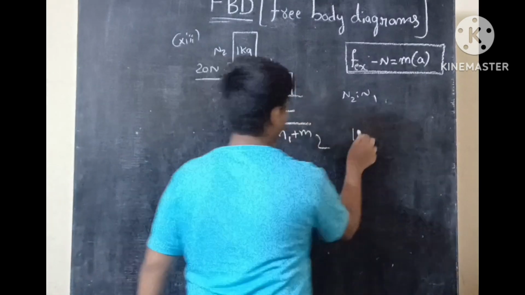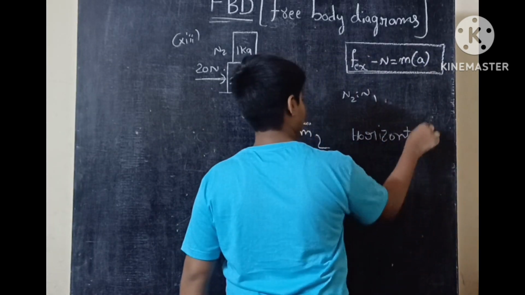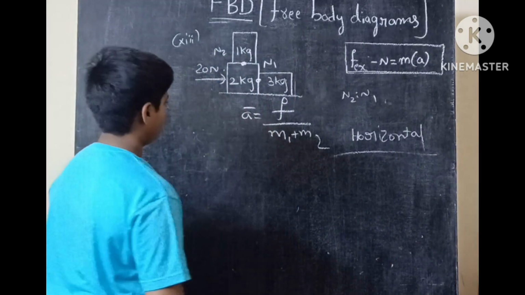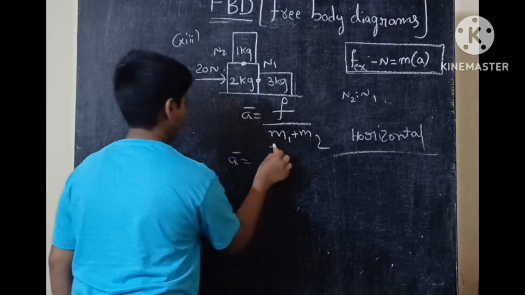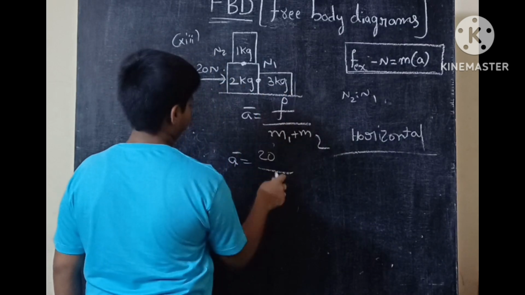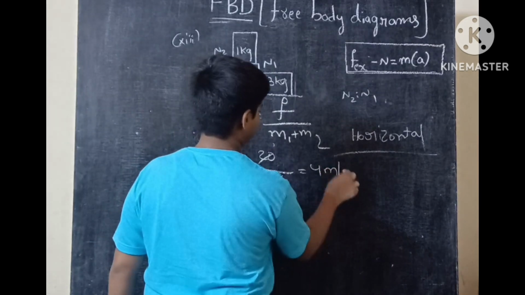Here we have to consider only the horizontal plane. So acceleration is equal to force, here 20, by 2 plus 3, 5. So acceleration is 4 meter per second square.